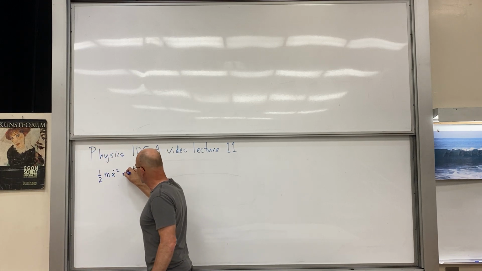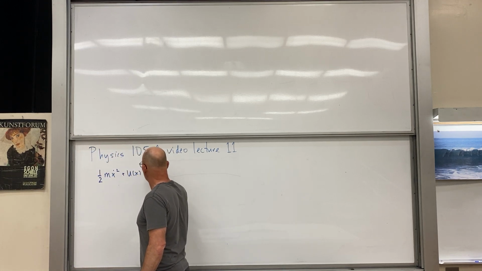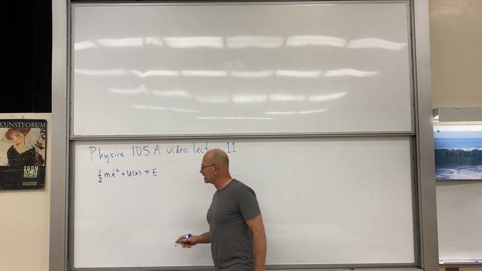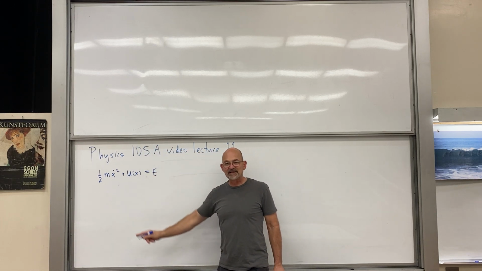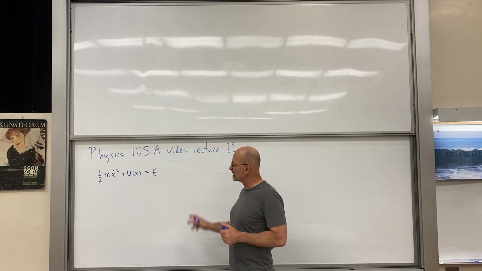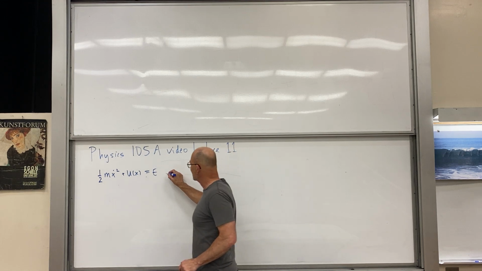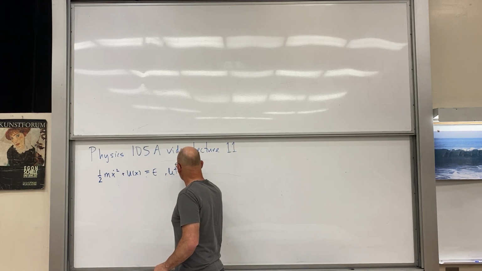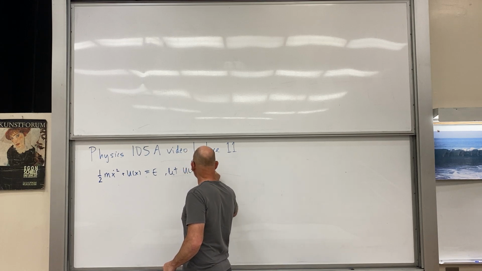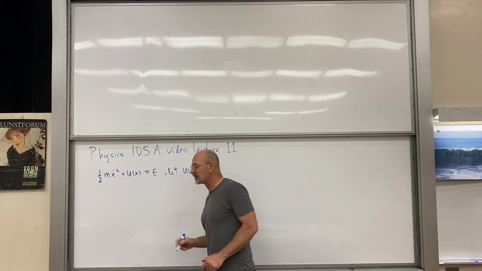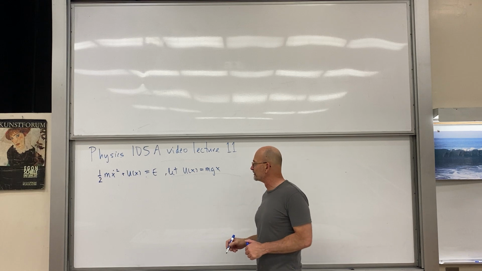take the conservation of energy, separate variables, find the time as a function of position, and we're going to let u of x equal mgx. So this is just the vertical freefall problem, and we know what the answer is supposed to be.